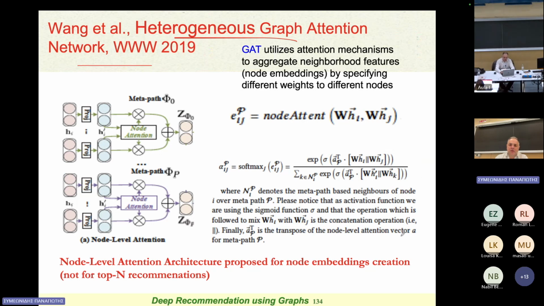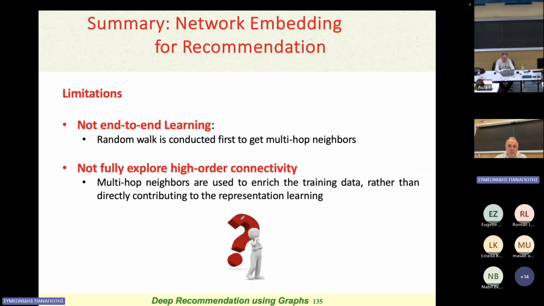here we can see that this is the softmax loss function again, and they want to use attention to understand what nodes should be considered as more important in this method.